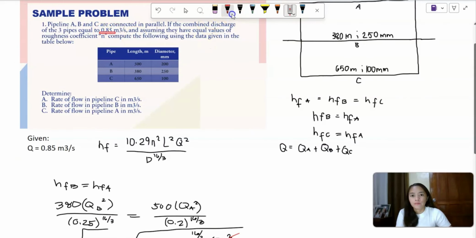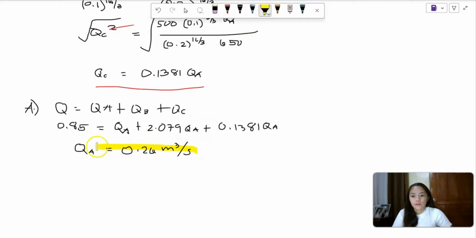The value of Q sub A is 0.26 cubic meters per second. So we already got the rate of flow in pipeline A.